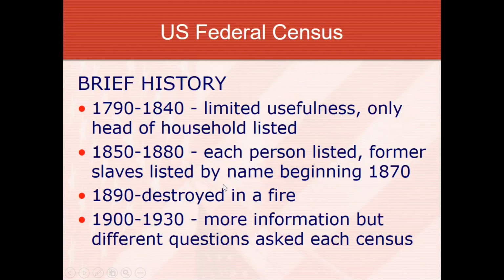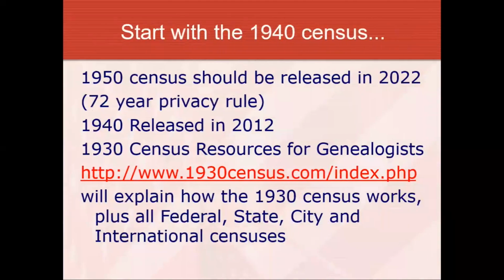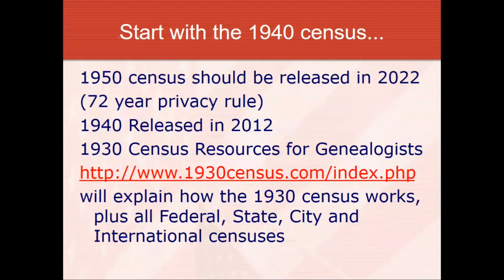The 1890 census was destroyed in a fire. There are bits and pieces of it. There's actually a veterans census from 1890, so you can find Civil War vets that way. And then from 1900 to 1930, it gave more information, but there were different questions asked each census. According to what I've read, the 1950 census should be released in 2022.